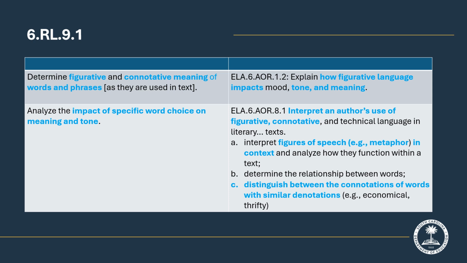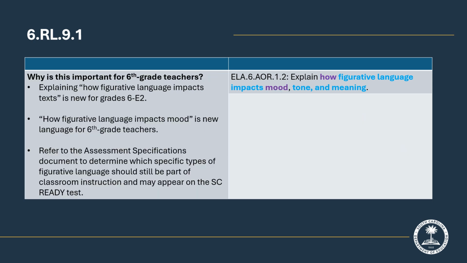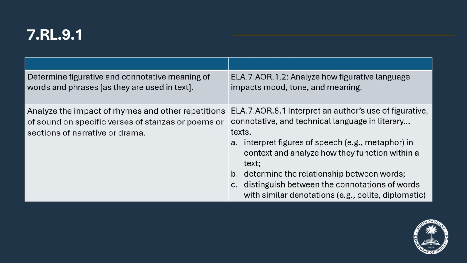In blue, you see the language that is shared from the 2015 standards to the 2024 standards. The difference between the indicators is shown in purple. Why is this important for 6th grade teachers? Explaining how figurative language impacts texts is new for grades 6 through English 2.